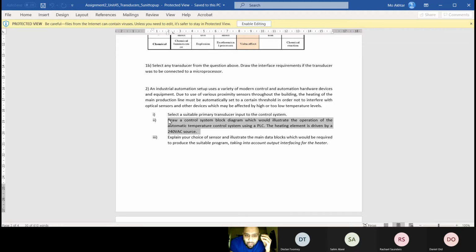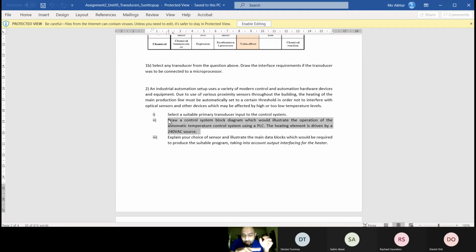Now, you're trying to maintain a certain level, so you're going to use an HMI connection. Do you know them screens and panels? Yeah. So you can set your temperature on there.